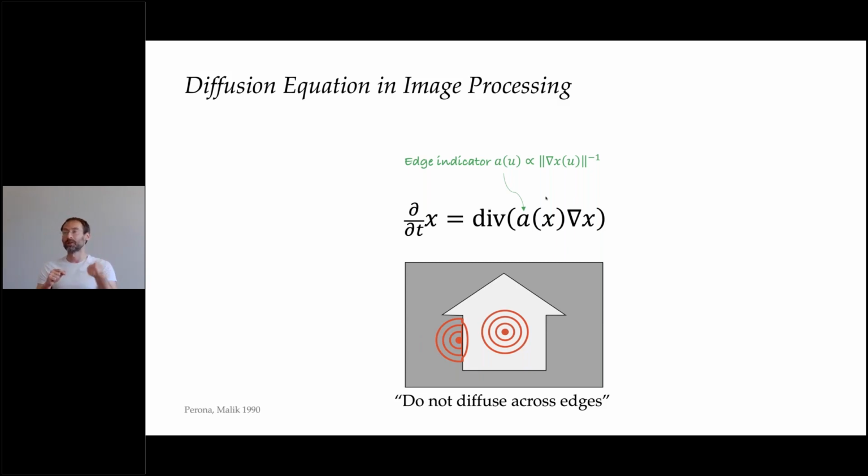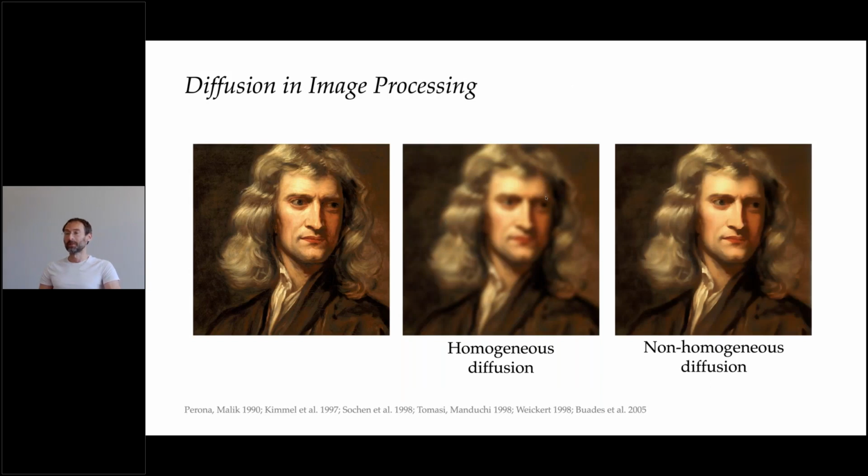So it's driven by the gradient of the image, and the diffusion slows down or even stops completely when it encounters a discontinuity. If you think of it, it's a very similar idea to attention, with the exception that it's not learnable. And this is what it does to an image. So we have the face of Sir Isaac Newton that is diffused by the standard homogeneous diffusion here in the center, and non-homogeneous non-linear diffusion that is edge preserving.